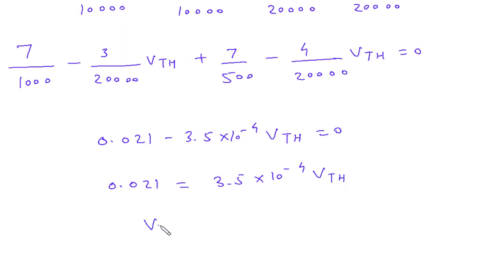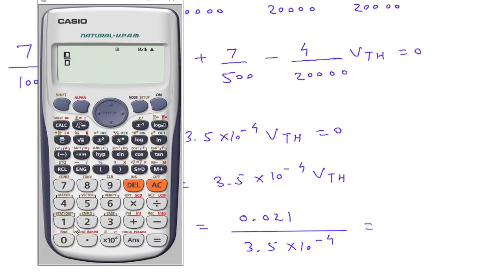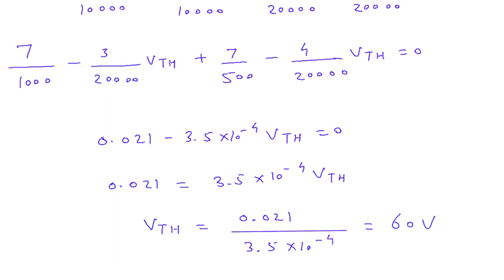From this VTH is equal to 0.021 divided by 3.5 into 10 raised to the power minus 4. So this is 60 volt.